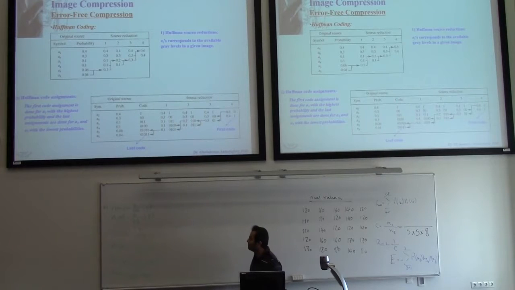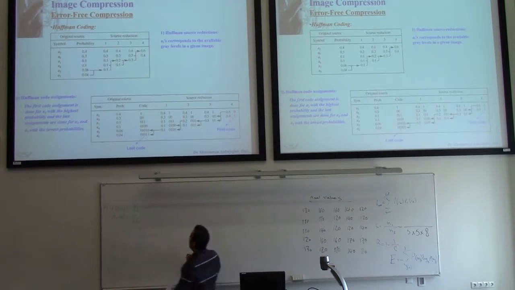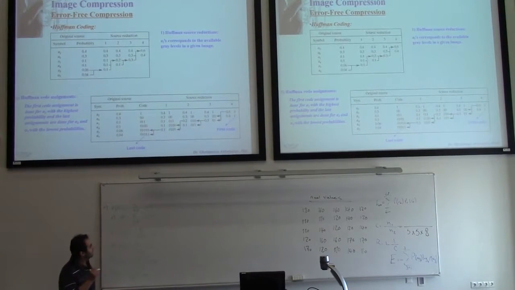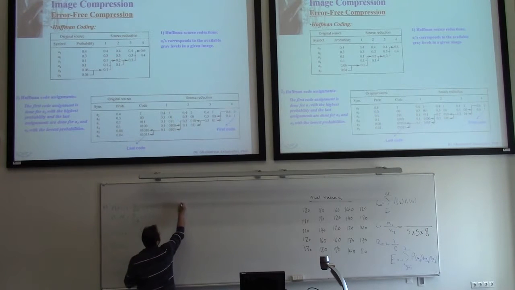Okay, we know the probability of each gray level value or each pixel. Then first we have to sort them from the highest probability to the lowest one. We know that 0.28 is the highest probability value.